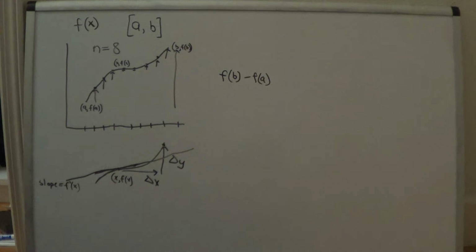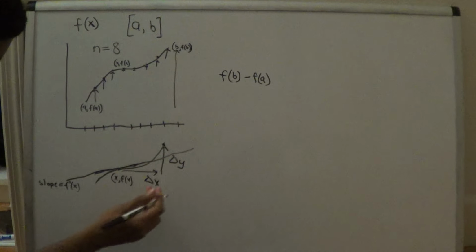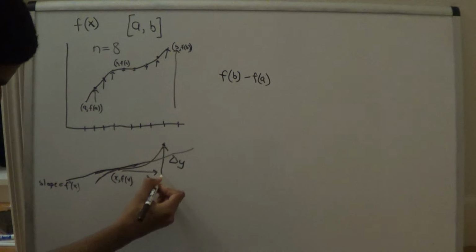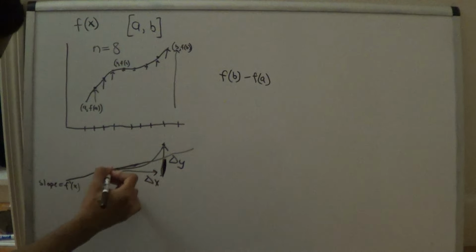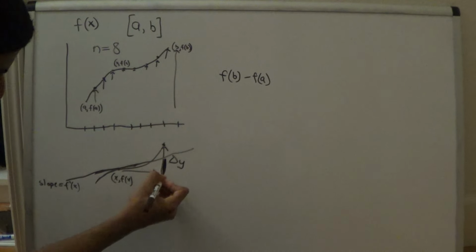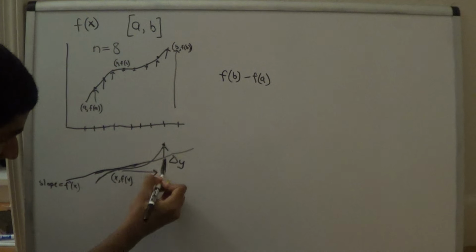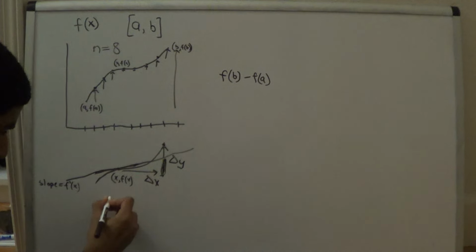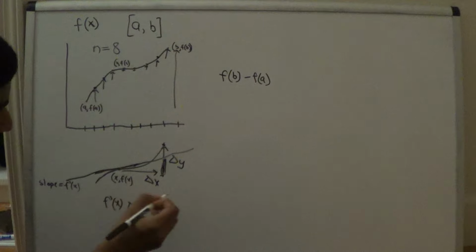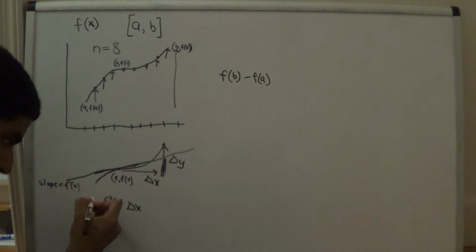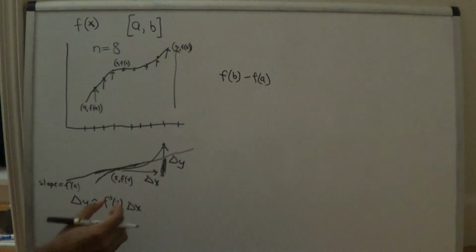Now I want to look at this vertical change, the one predicted by the line, compared to delta y. So this vertical change is equal to f prime of x times delta x, and this is approximately equal to delta y.